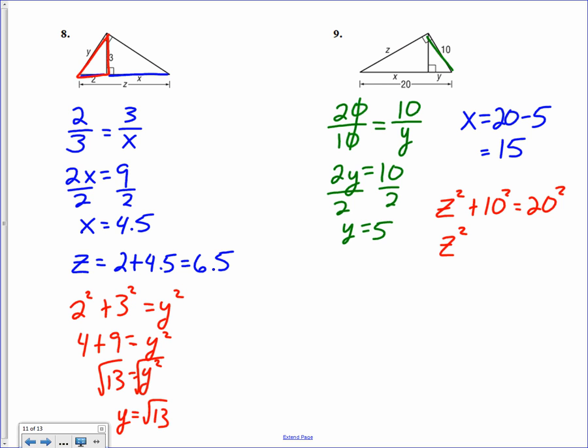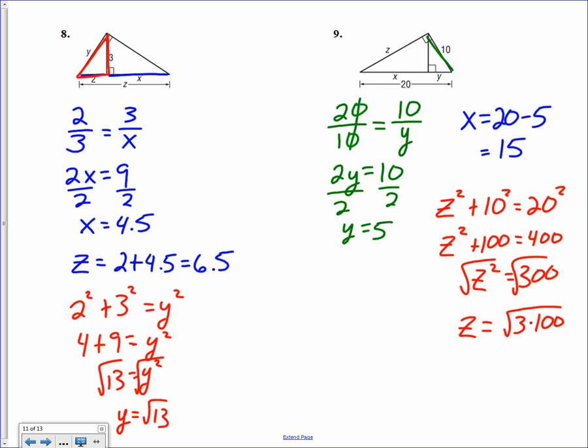So we have z squared plus 100 equals 400, or z squared equals 300. Take the square root of both sides. Well, 300 is 3 times 100, and the square root of 100 is 10. So z is 10 root 3.